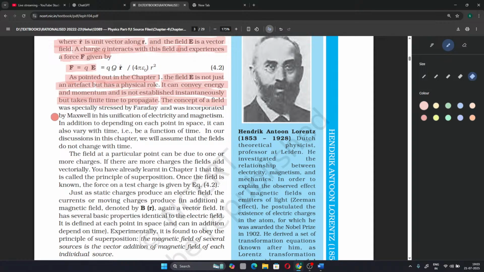The concept of a field was specially stressed by Faraday and was incorporated by Maxwell in his unification of electricity and magnetism.